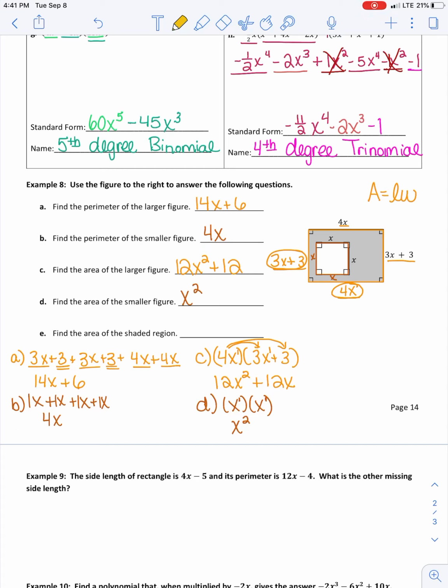So if I know the area of my larger figure, I'm going to subtract the area of my smaller figure from that. So for part E, I'm taking the area of the larger figure and subtracting the area of my smaller figure.